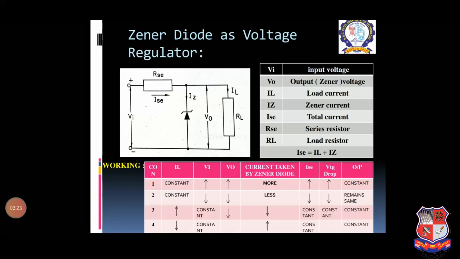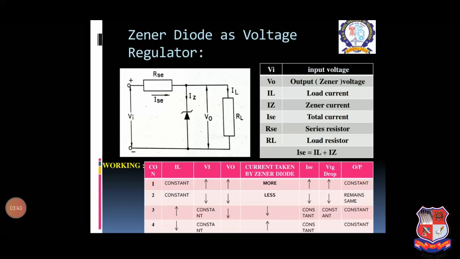So current ISC increases, so the voltage drop ISC RSC increases and the output voltage does not increase and remains constant. That is condition number 1.